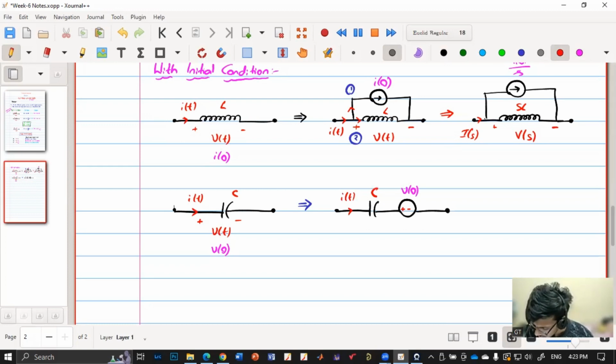The overall thing is plus minus V of t, the overall solution, because we are considering the overall voltage to be divided into a voltage plus a capacitor without any initial condition. So we have to be careful with that voltage. The overall voltage is V of t, because we are just representing this capacitor as this thing. It is just the same thing.